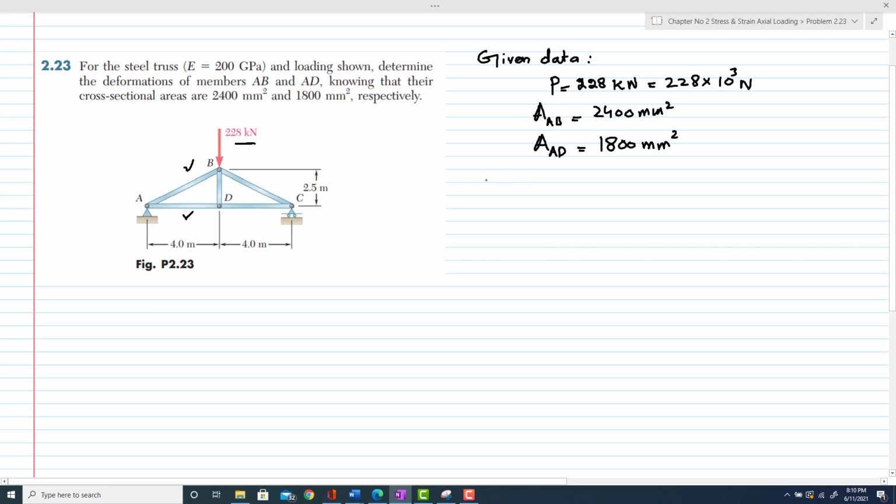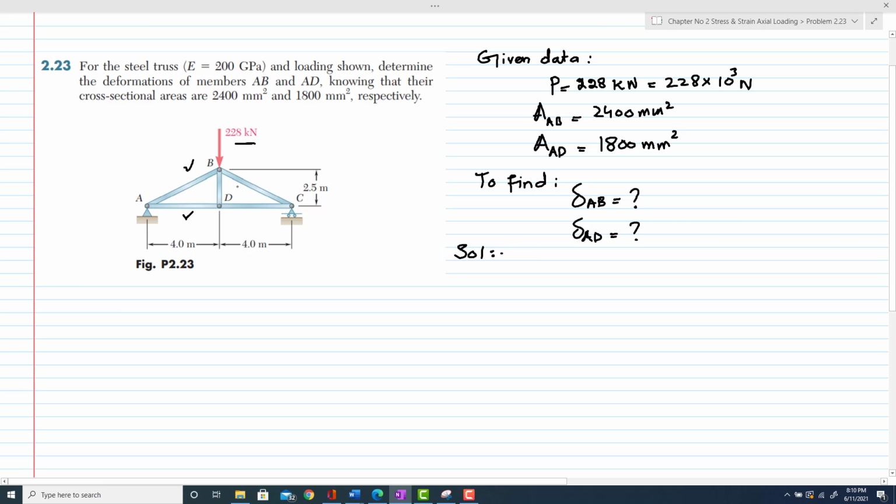Clear? So you have to find the deformation in AB and the deformation in AD. So let's start solving this problem.